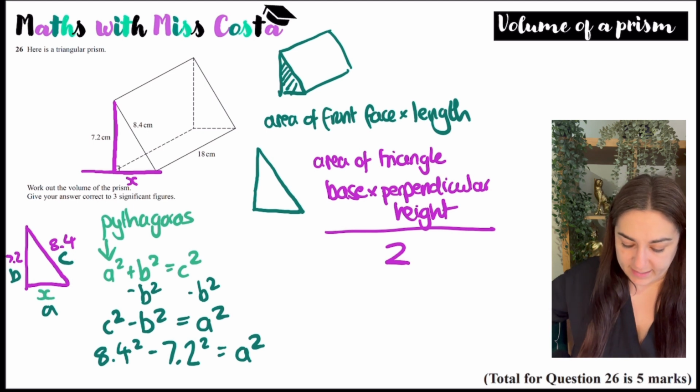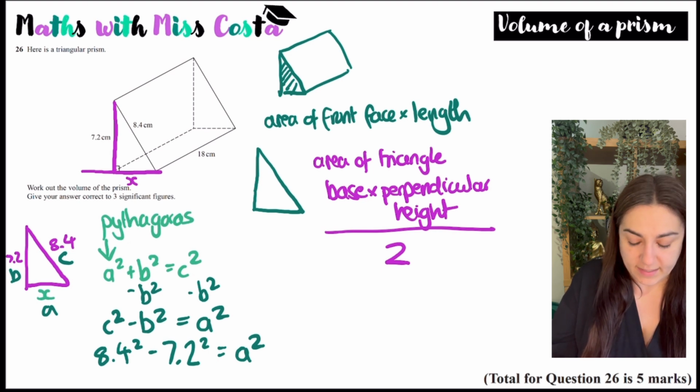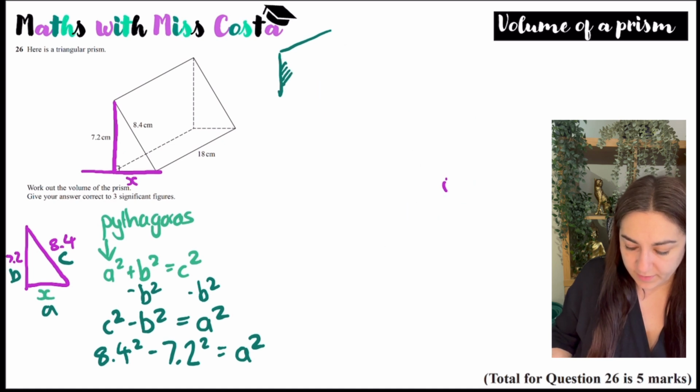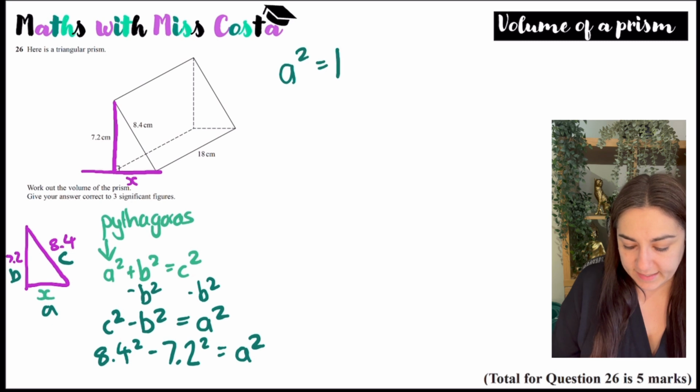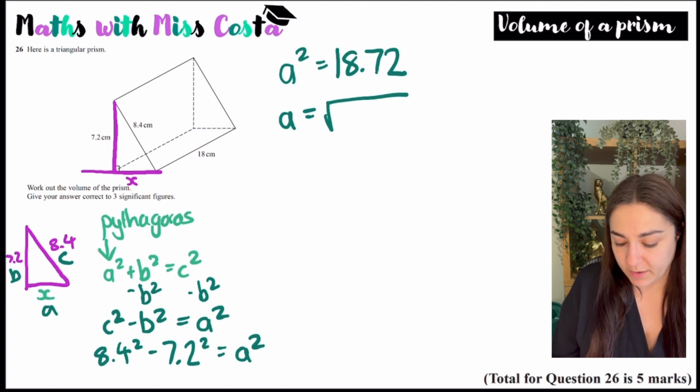So if I type that into a calculator, 8.4 squared, take away 7.2 squared, gives me 18.72. So I know that a squared is 18.72. And how do I get a? I have to do the inverse, which is square rooting.